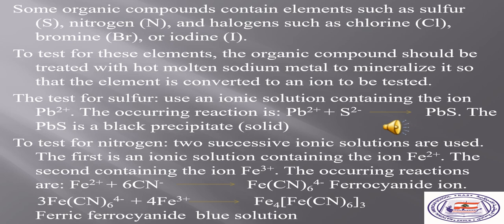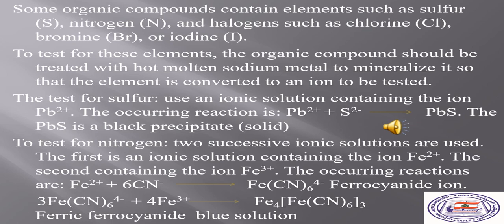That's why we need to treat a sample of the organic compound with molten sodium in order to change elements such as sulfur, nitrogen, chlorine, bromine, iodine into ions to be tested.